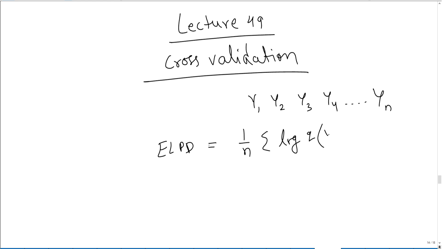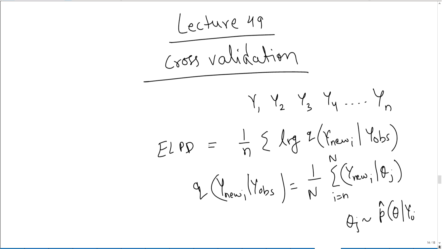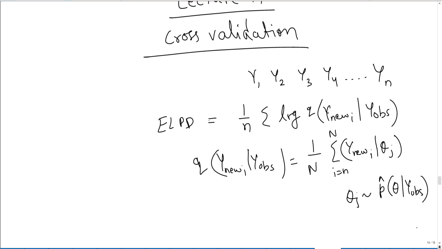So it is the expected log Q of y new i given y obs, where this predictive density of y new i given y obs comes from the predictive density of each new data point y new i, conditional on samples from the posterior distribution, which is estimated using y obs, right. This is how we compute ELPD.